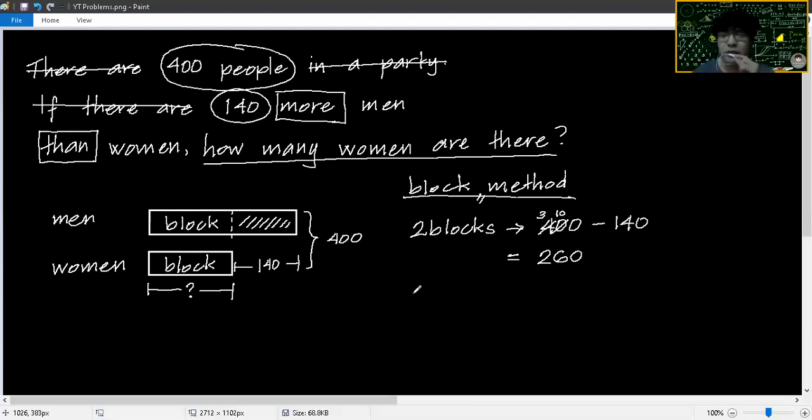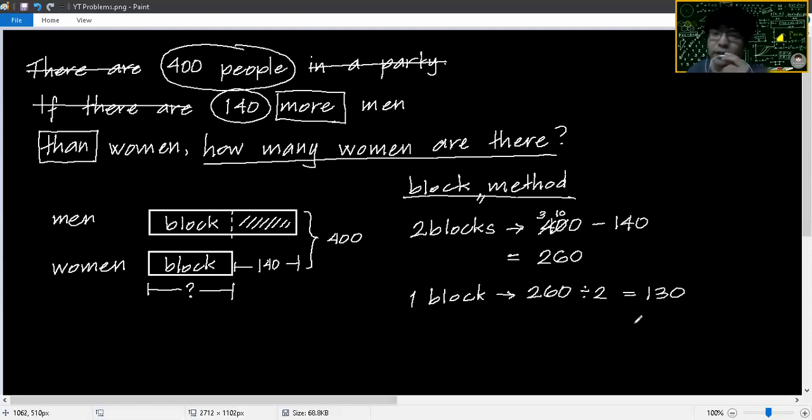To make it one block, the result will become 260 divided by 2, since the goal of the block method is to solve for the value of one block. Now, 260 divided by 2 equals 130.